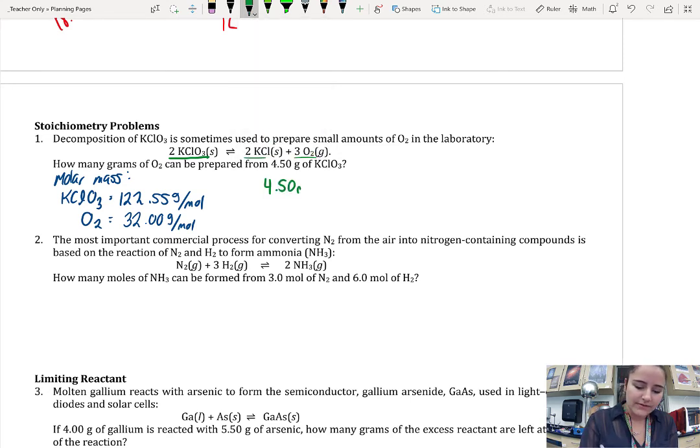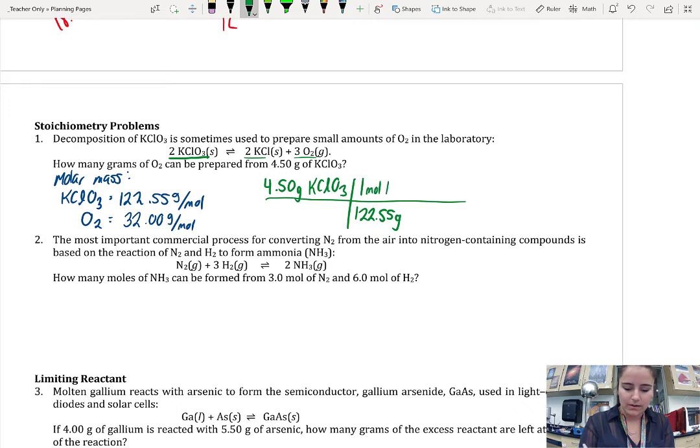So 4.50 grams of KClO3. Now, if I had 122.55 grams, that would be 1 mole of that KClO3. Okay, so that's the step to convert it to moles. For every 2 moles of KClO3 that decompose, I get 3 moles of oxygen gas, which makes sense. 6 oxygen atoms, 6 oxygen atoms.